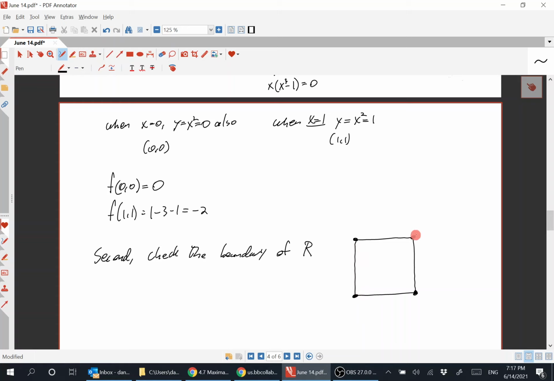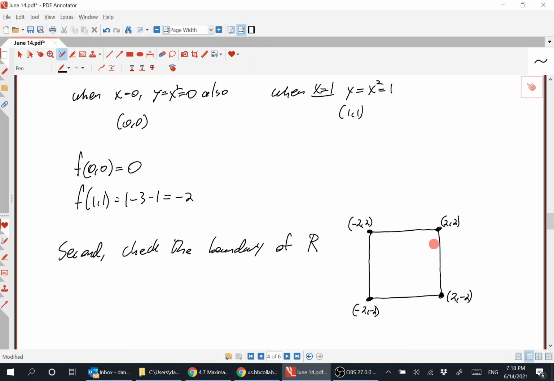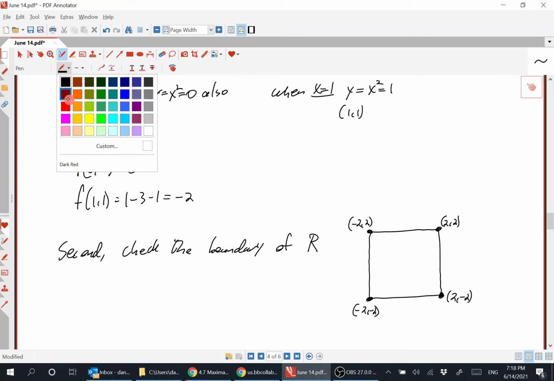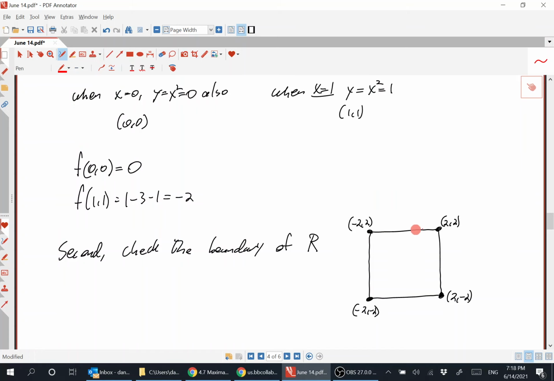All right, so this is (2, 2), and this is (2, -2), (-2, -2), and this is (-2, 2). So let's characterize these sides. What do the coordinates of this side look like? What are the coordinates of this side, the top one here?